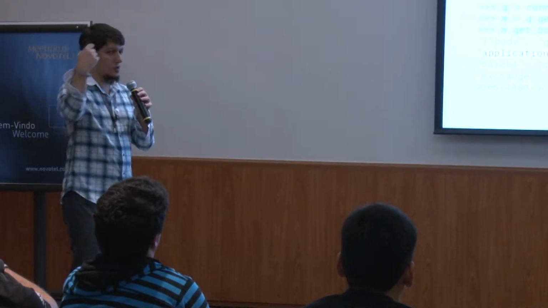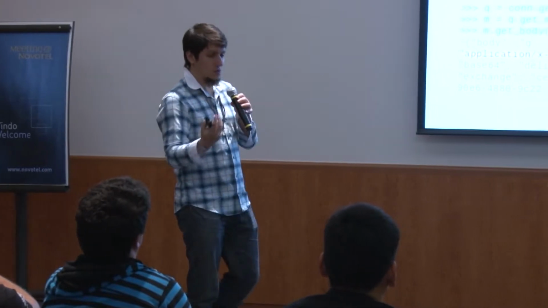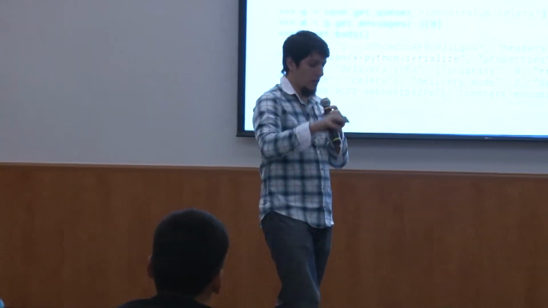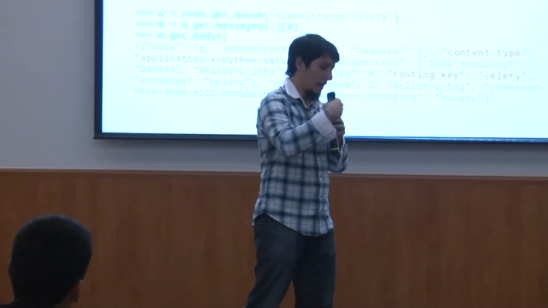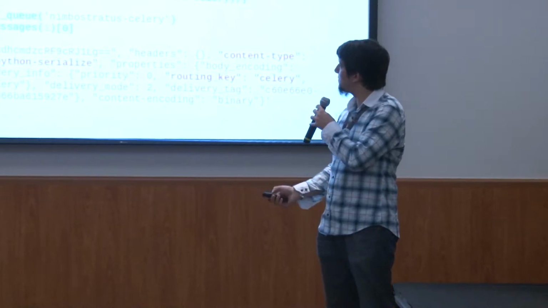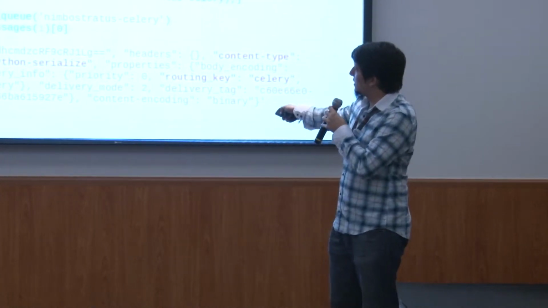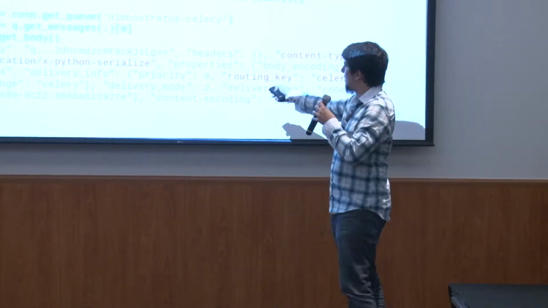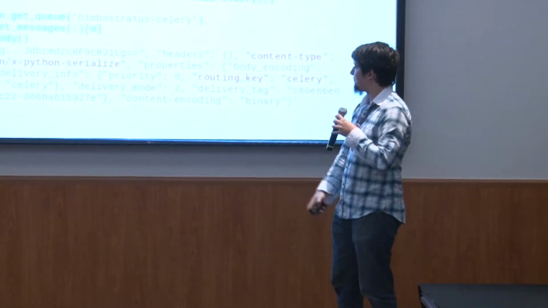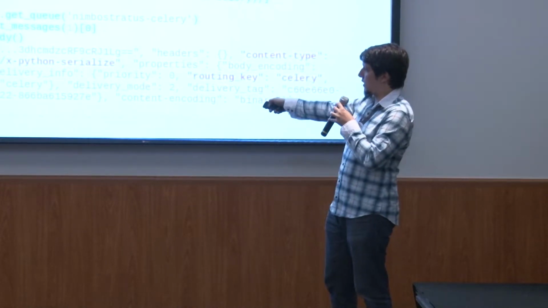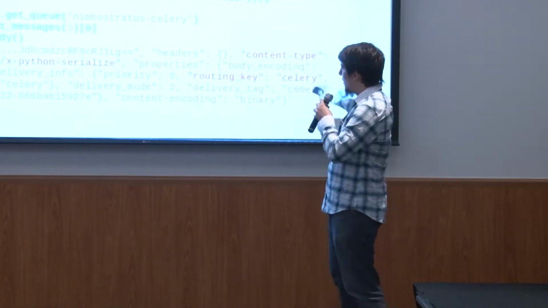So we are connecting to the SQS API with the same credentials that the instance would be using. This is great. We are impersonating the instance. We get all the queues that are available to that instance, and we see that there is one called Nimbostratus Celery. We get that queue, we get a message, and we get the body from that message.